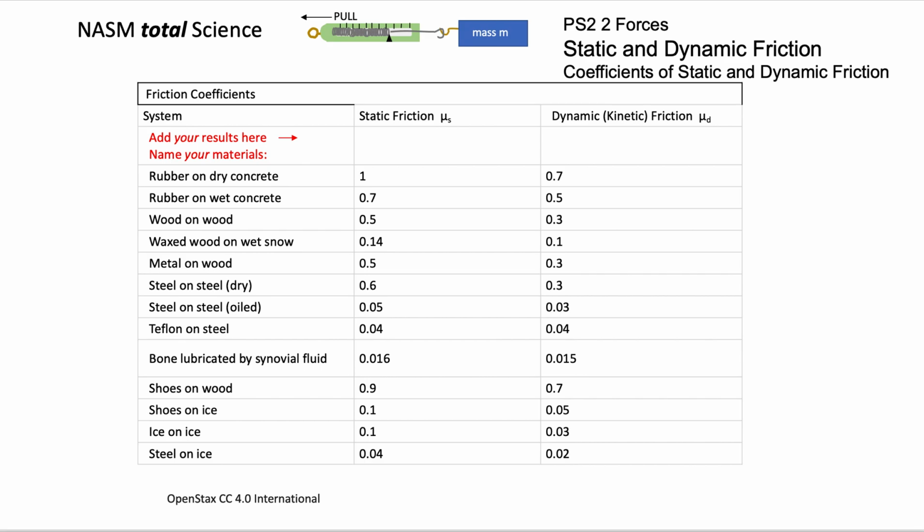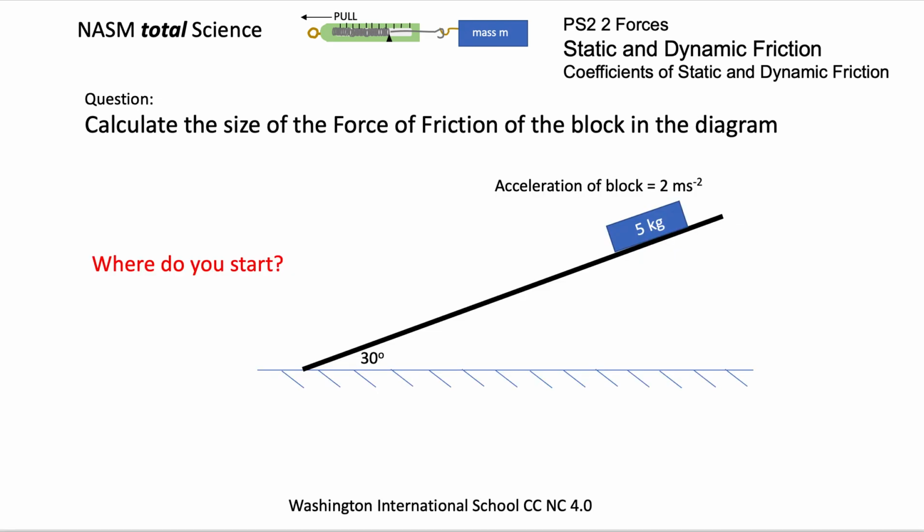And it says name the materials that your block and your ramp were made out of. Some of them are quite surprising, and you'll be asked a bit later what you notice about the two coefficients in the columns.